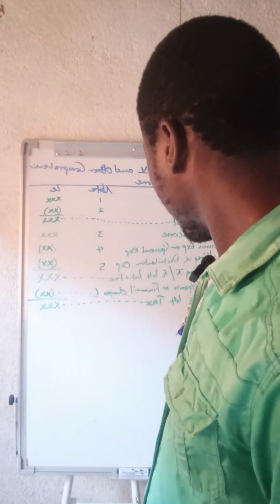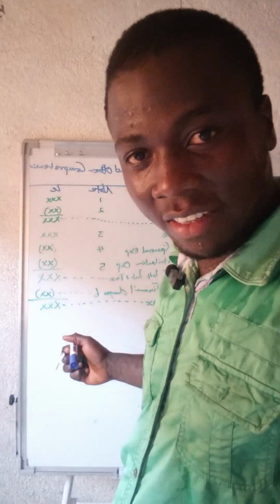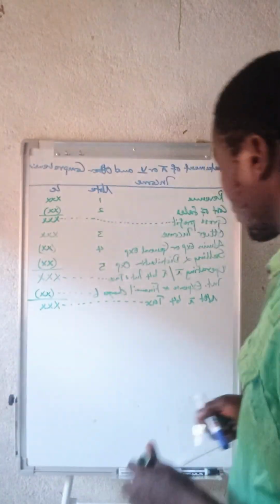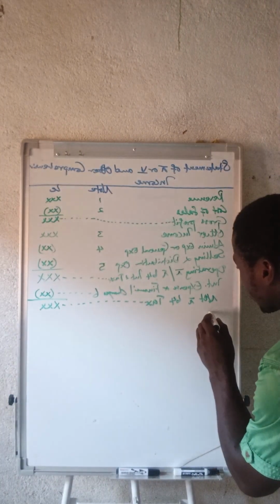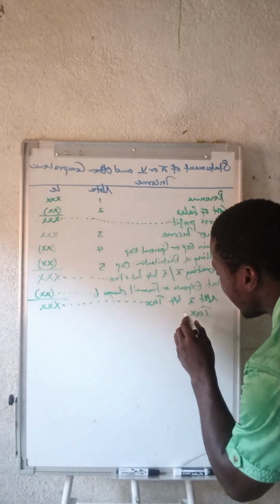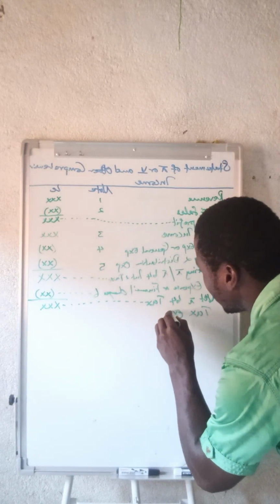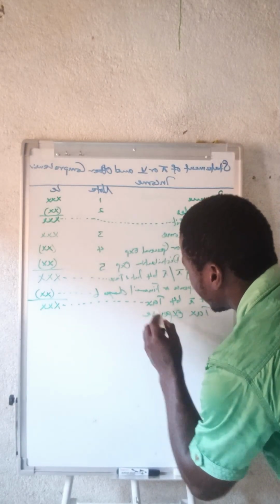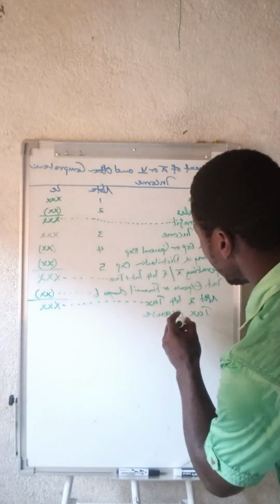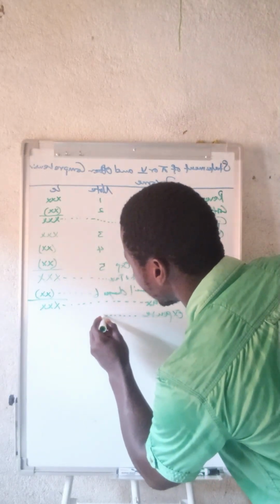So let's go directly. Just after net profit before tax, we say what? Tax expense. Now we deduct tax expense.